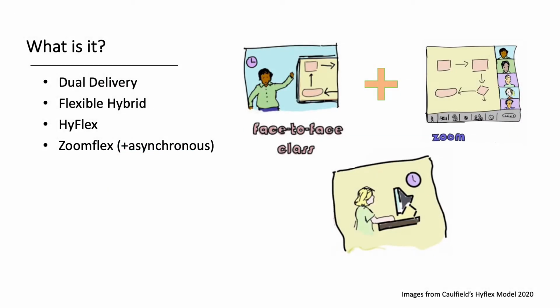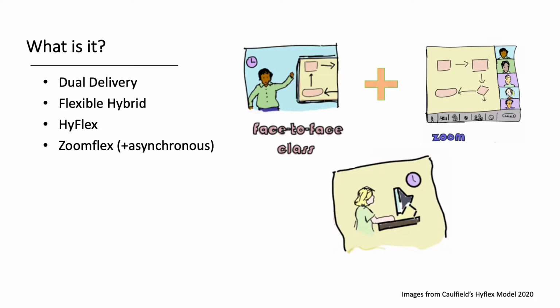Before going any further, I want to take a minute to touch upon the definition of dual delivery. Some of you might have heard the term dual delivery, but also other equivalent terms that have been floating around, some of which are flexible hybrid or high flex or Zoom flex.